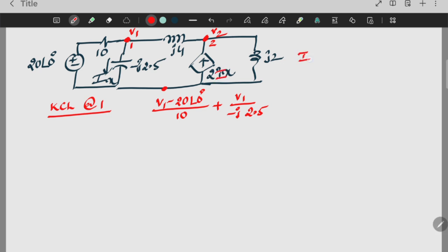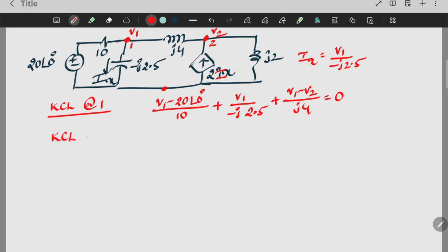Ix is equal to the current passing through that, that is V1 by minus j 2.5. The controlled variable we have written in terms of node voltages. Then coming to another branch, that is j4, the branch between the two nodes 1 and 2. The current through that will be V1 minus V2 by j4, equal to 0. This is the KCL for node 1.